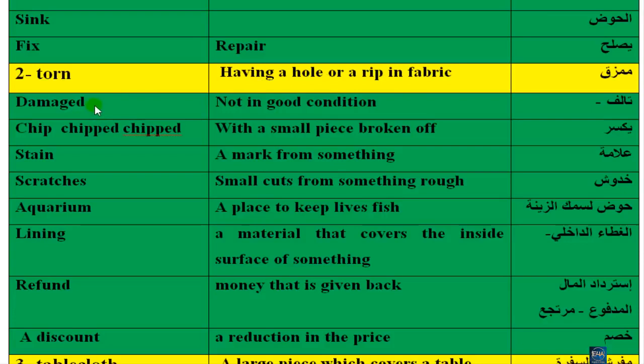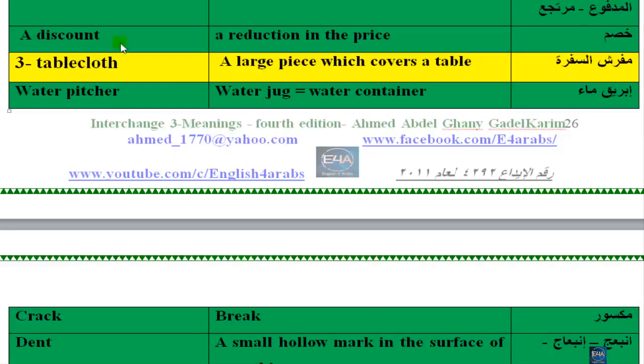Damaged, not in good condition. Not a reduction in the price. Tablecloth. Take care the th here as a sound. Tablecloth, a large piece which covers the table. Water pitcher, water jug, water container.